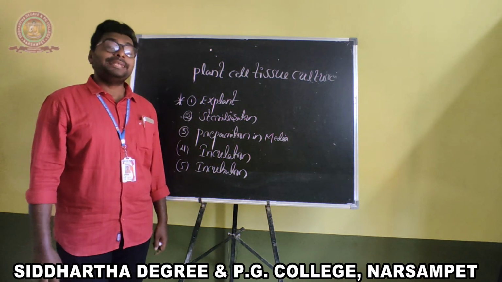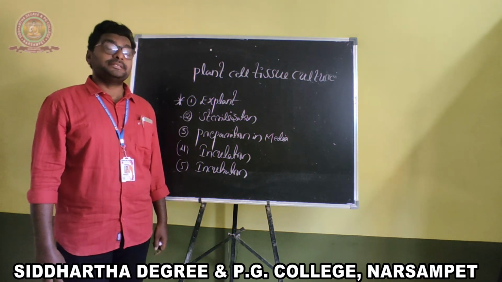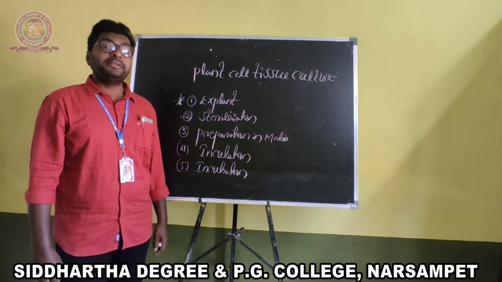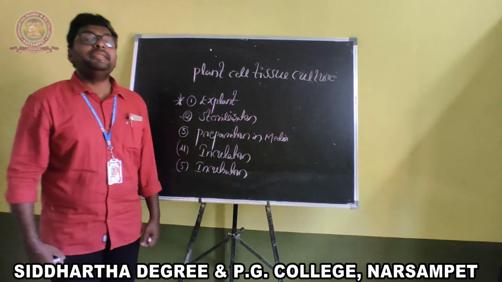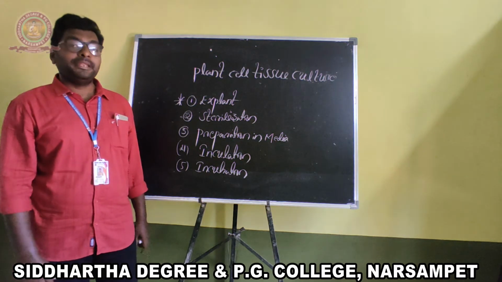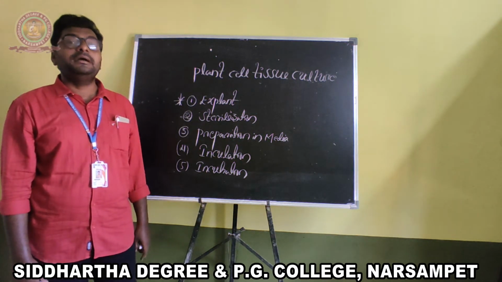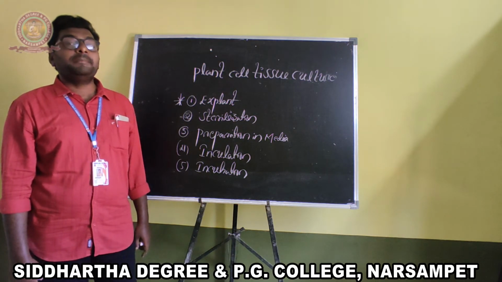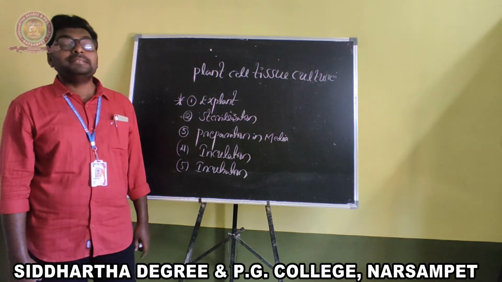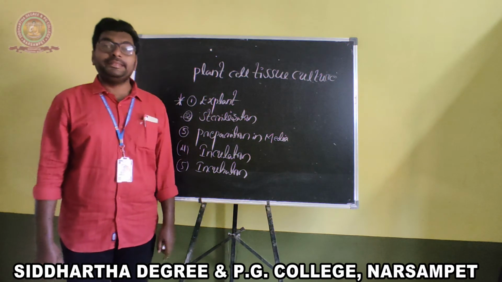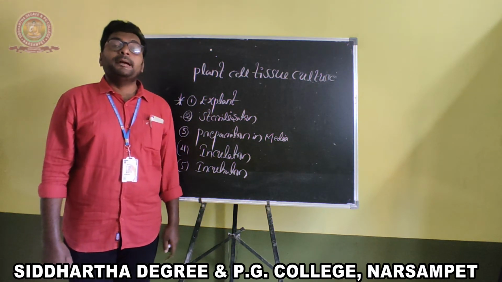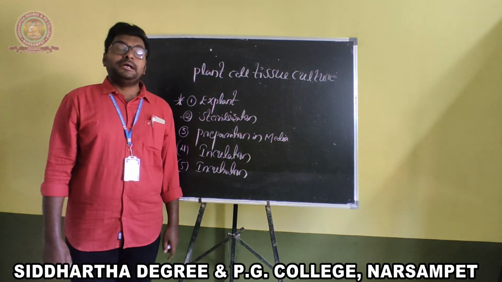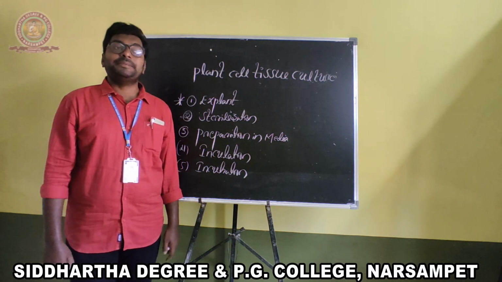There are different types of media, such as White's media, MS media and B5 media. The suitable media for plant cell tissue culture include B5 media, White's media and MS media.